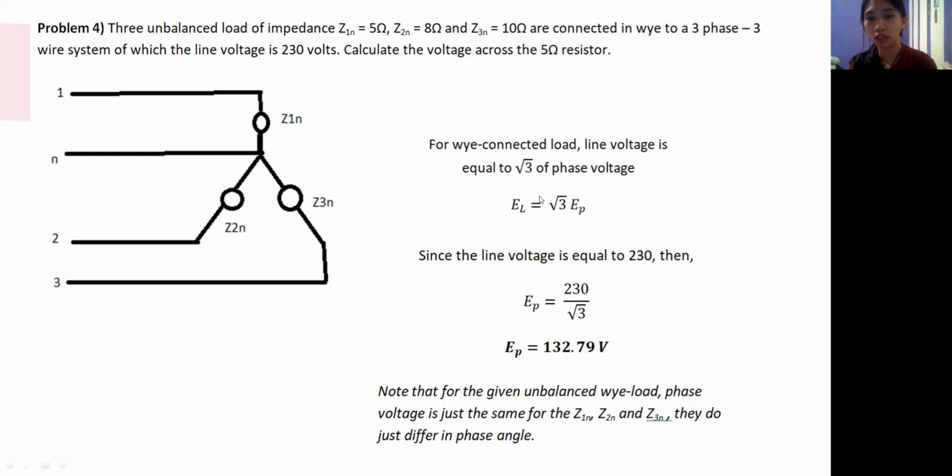Upon substituting the given line voltage, we plug in 230 over the square root of 3. If you calculate that, you'll get an answer of 132.79 volts. That would be the voltage across the 5 ohm.